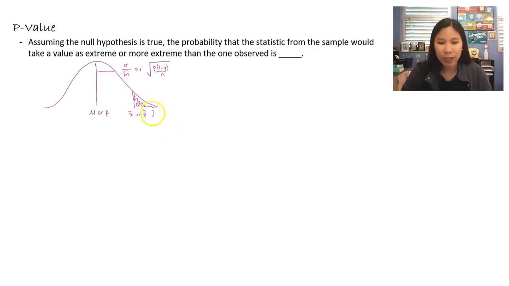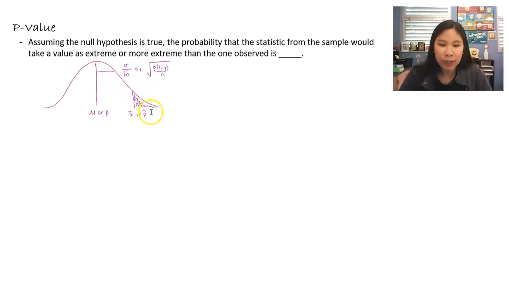So assuming we got a mean or proportion that was to the right of our population mean or proportion, then we would shade to the right. If we got a number on this side, we would shade to the left. So always away from the mean is the direction that we're shading. But that's this whole extreme or more extreme than the one observed. So the p-value just talks about that probability right there. We're just using the normal curve to calculate probabilities like we've done for ages.